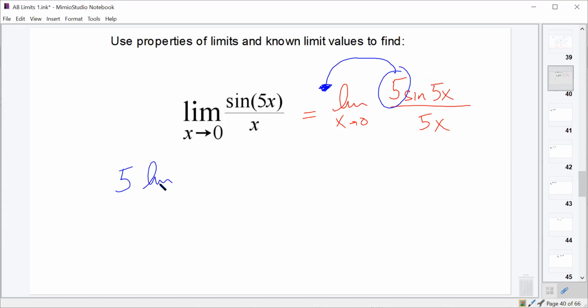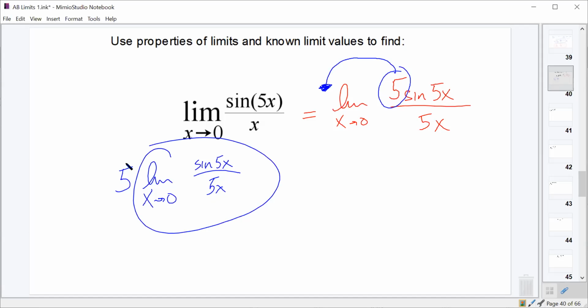So now I've got 5 times the limit as x approaches 0 of sine 5x over 5x. It's very close to what we had before, except now we have 5x and x approaches 0. We got to find some way to get around that still, because I can't just assume that this limit here is equal to 1.